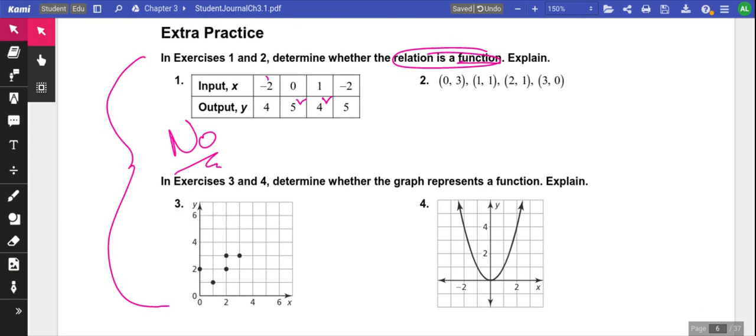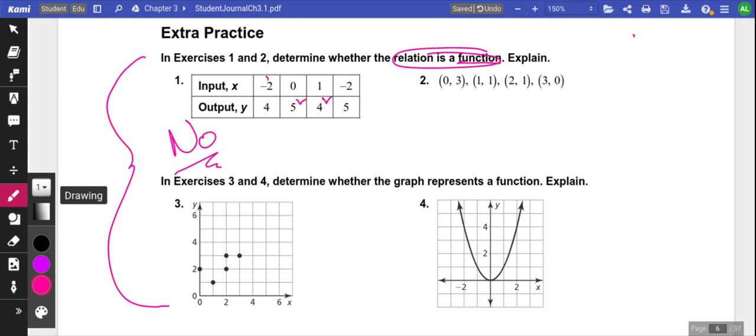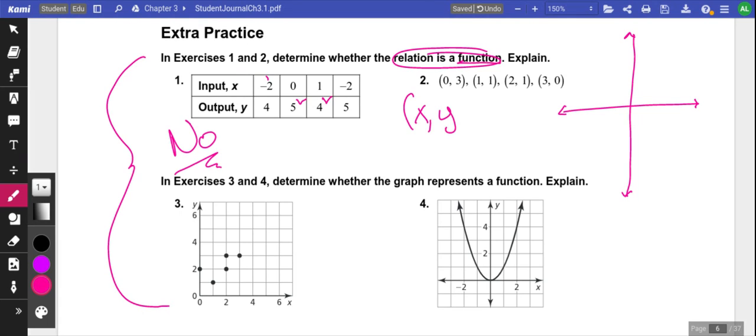Sometimes it's going to give you just these different ordered pairs. So remember, like we were just talking about on this X and Y plane, these coordinates are talking about a specific place on this plane. Remember that coordinates are always X and then Y. If you have trouble remembering that, think of it like it's alphabetical order.